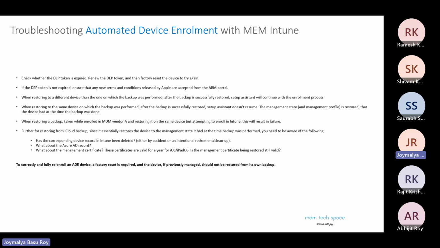So you need to ensure that one of the administrators has signed into ABM and accepted the terms and conditions. When restoring to a different device than the one on which the backup was performed, after the backup is successfully restored, setup assistant will continue with the enrollment process.